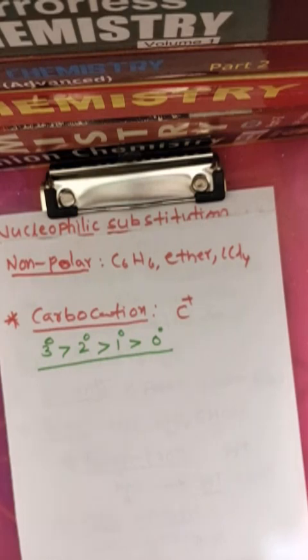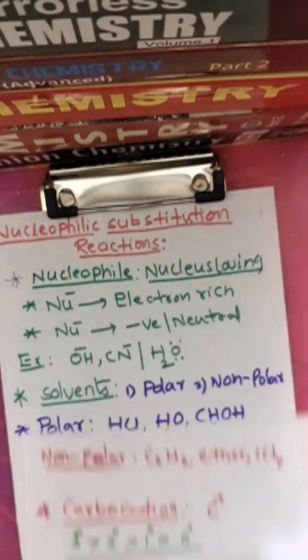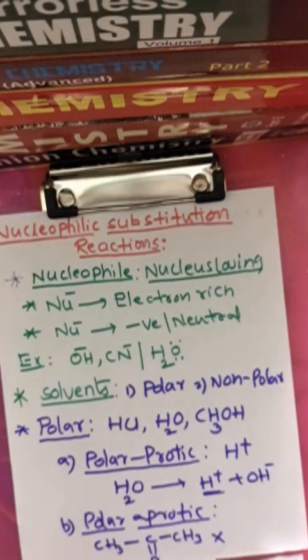So before going to nucleophilic substitution reaction, we have to learn about nucleophile. Nucleophile is nucleus loving, which means electron rich. It may exist in negatively charged or neutral form, like OH minus, CN minus, H2O, ammonia. Solvents play a key role in organic reactions. Polar and non-polar we have. Polar means having delta minus, delta plus, like HCl, water, alcohol.